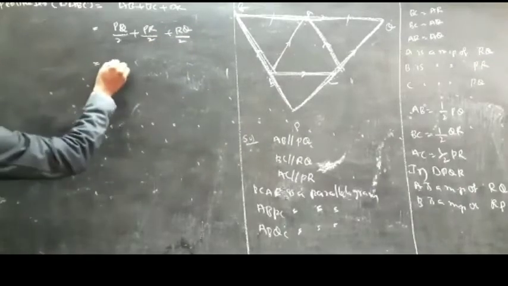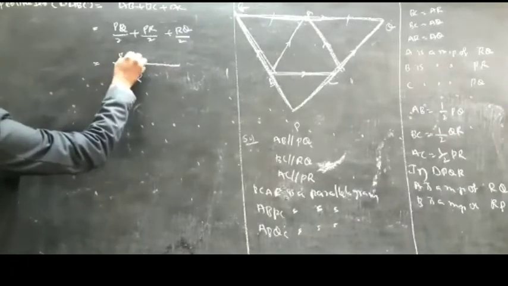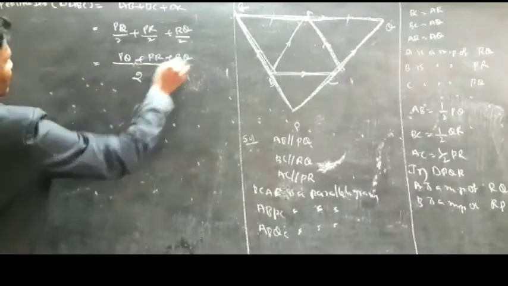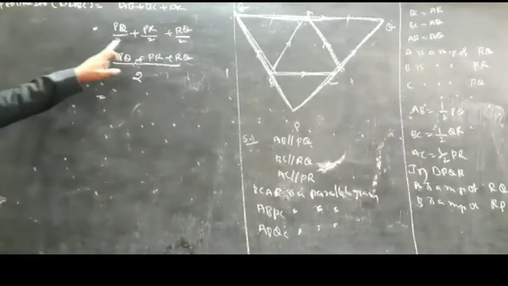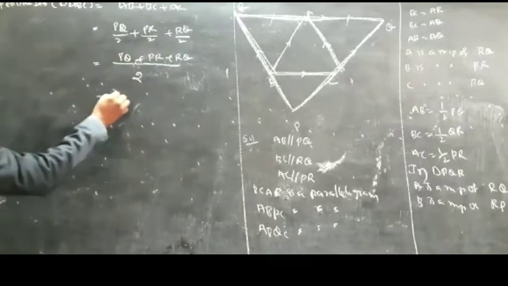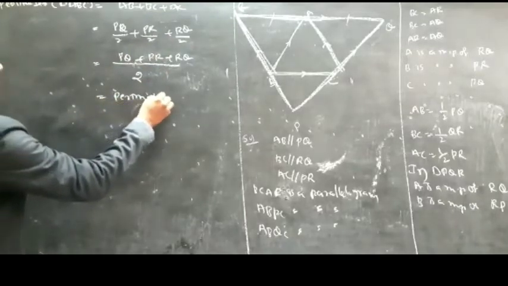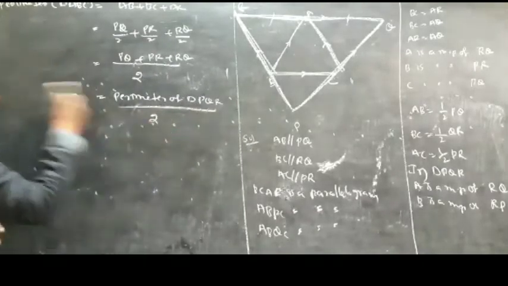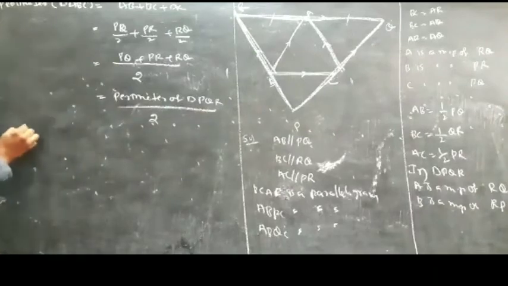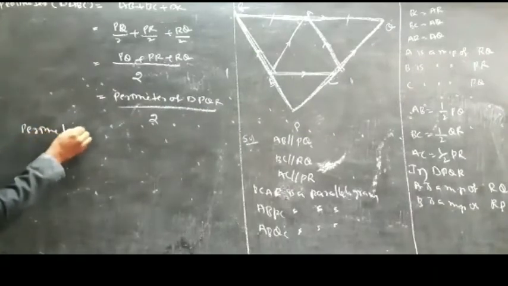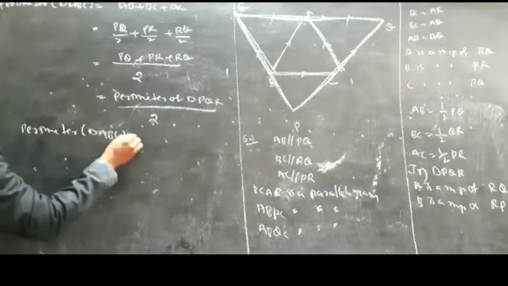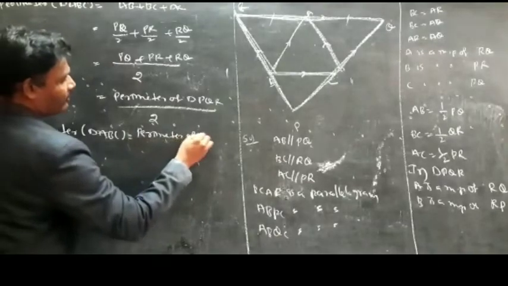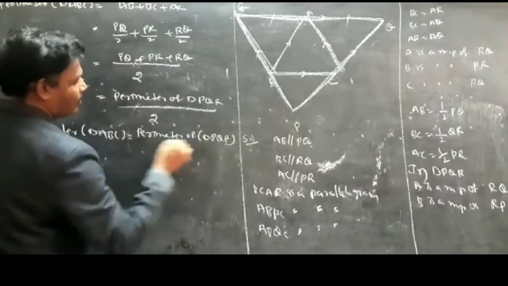So I am taking half as the common factor: PQ plus PR plus RQ. PQ plus PR plus RQ is nothing but the perimeter of triangle PQR, divided by 2. So the perimeter of triangle ABC is equal to the perimeter of triangle PQR by 2.